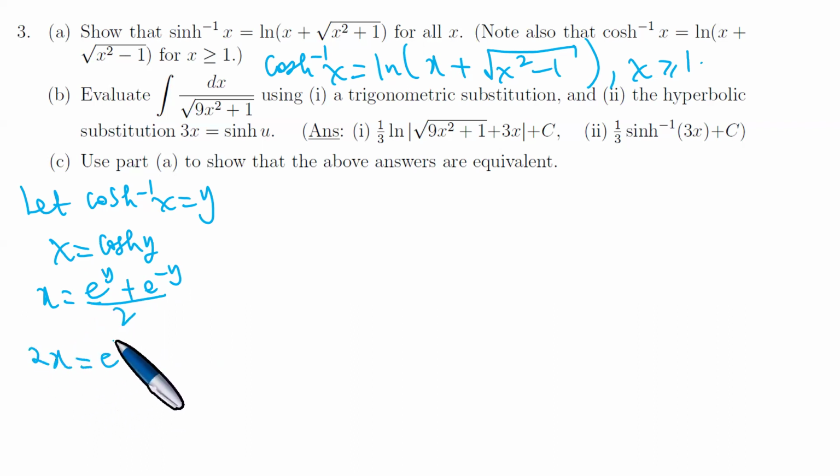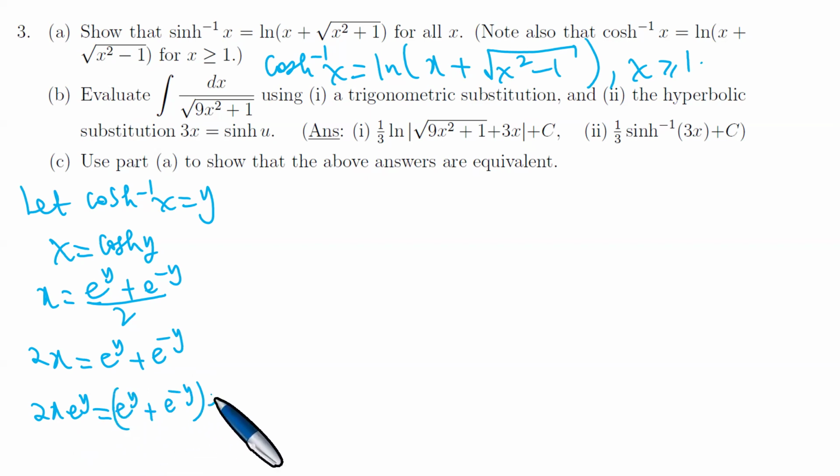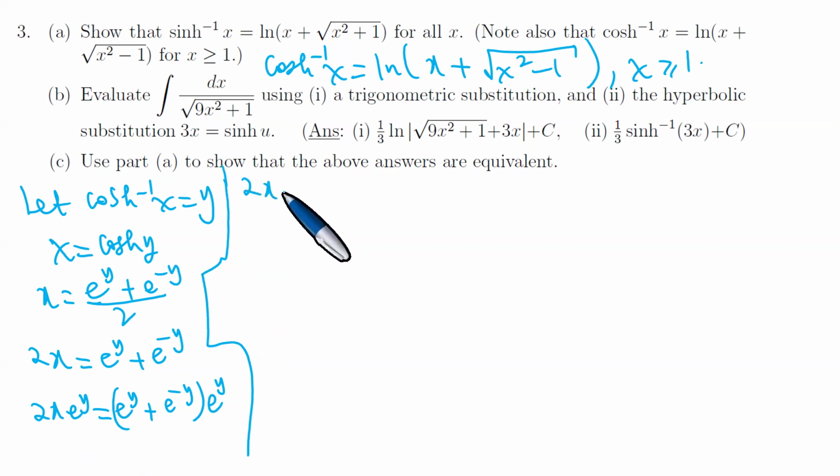Which is 2x equals e to the y plus e to the minus y. So that 2x times e to the y equals e to the 2y plus 1. Right? We multiplied both sides by e to the y. And then which means that you have e to the y squared.